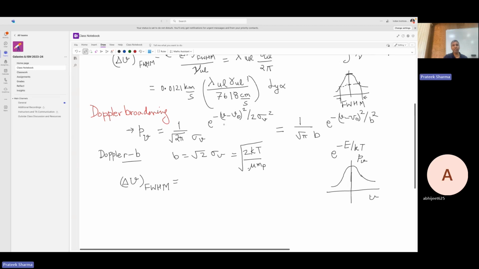So it becomes half of it when this exponential term is equal to half, right? When that e to the minus delta v squared by 2 sigma v squared becomes a half, that is what corresponds to half width at half maximum. Right, so delta v of full width half maximum is nothing but 2 times the square root of 2 log 2 times sigma v.